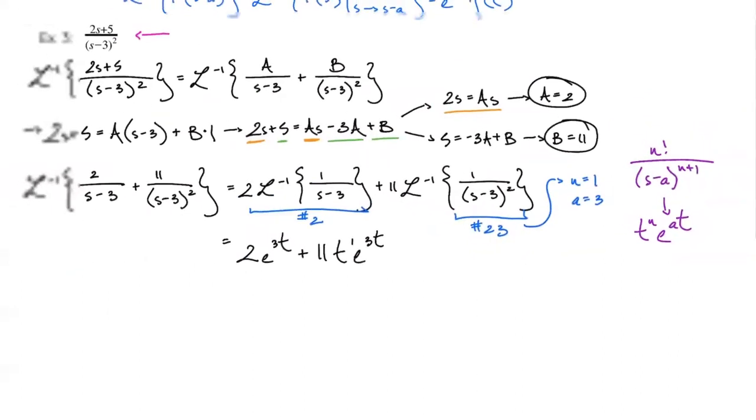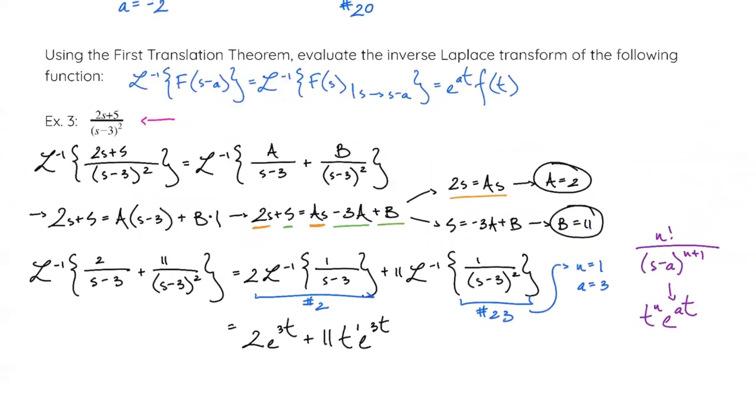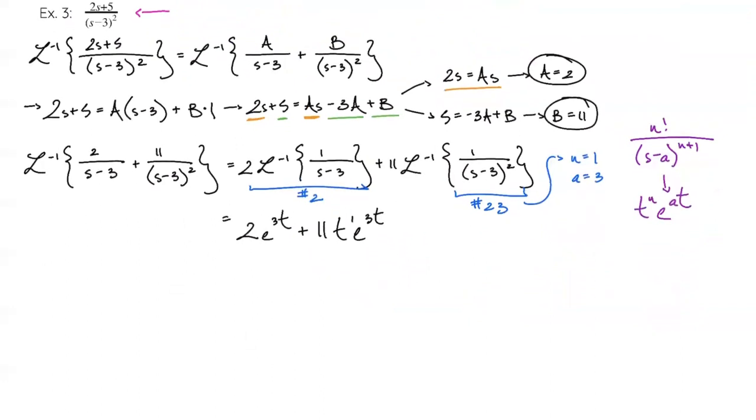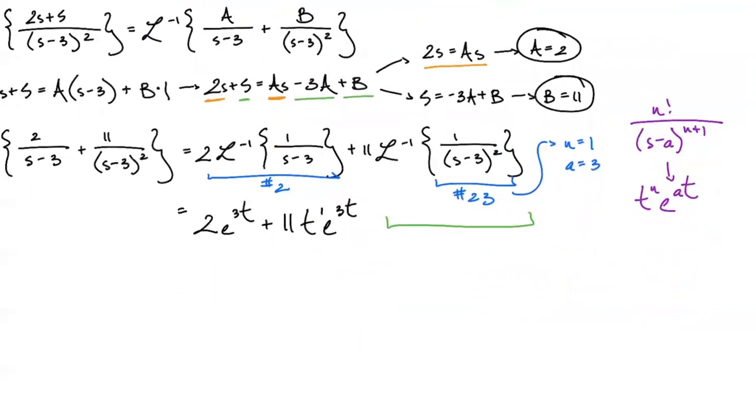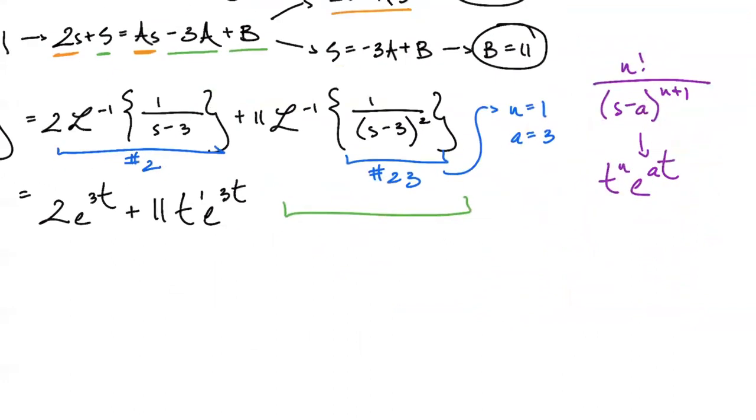But how does this apply to this idea of the translation or this shift in the other direction that we were thinking about? Well, we could have approached this second part in a slightly different way, okay? So we could have done this instead. We could have said, we're going to have 11 times the inverse Laplace of 1 over, let's unshift it for a moment, s squared.